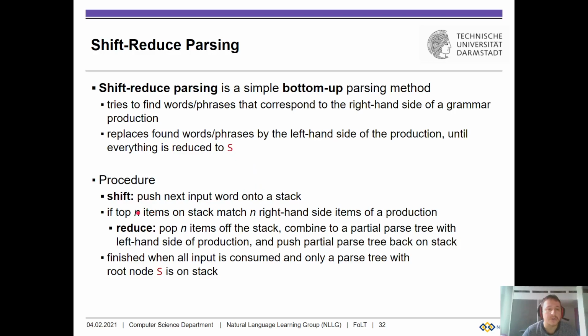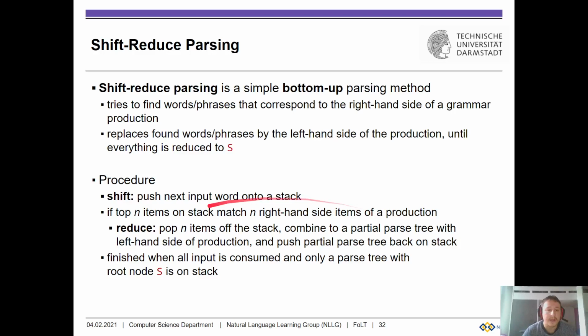So what we do is we check our stack and we check the top n items. Let's say n could be 2, 3, whatever is appropriate for our production rules. We check the top n items and check whether they match the right-hand side of any production rule in our grammar.